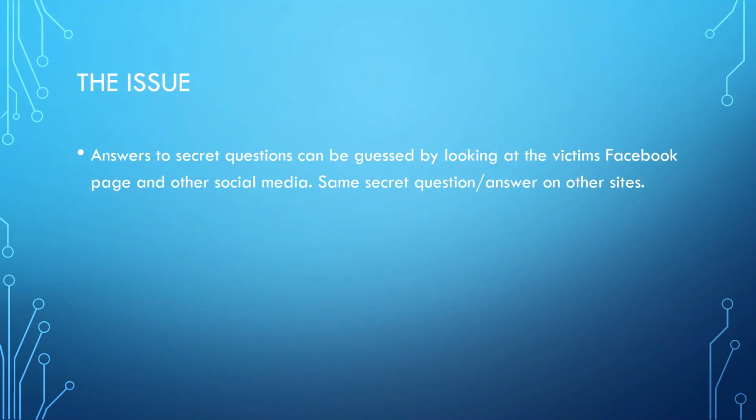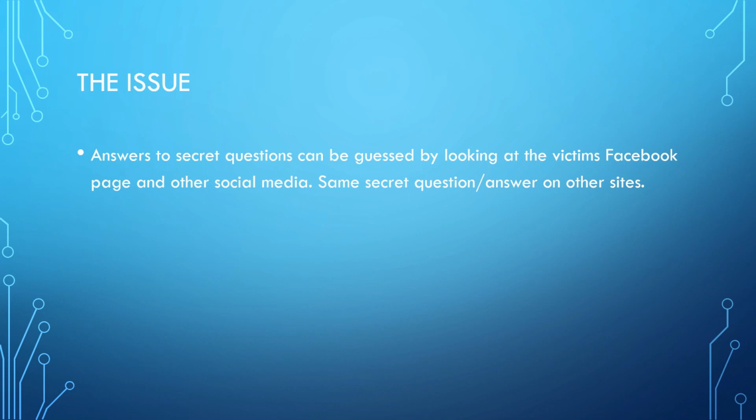So the issue here, like I mentioned briefly already, is that the answers to the secret questions could be guessed without too much trouble by looking at the victim's Facebook profile or other social media. And the one problem with that too is that many websites are using the same secret questions.